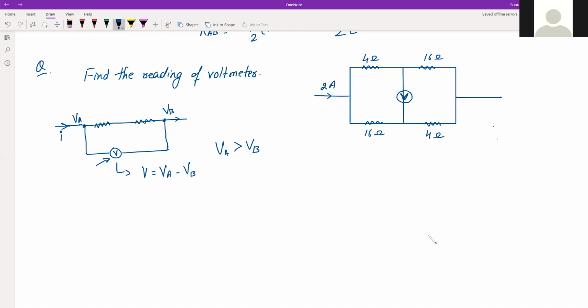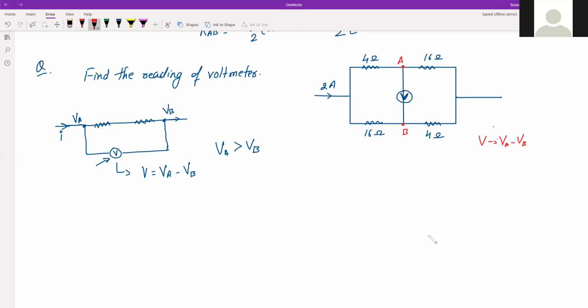So if we see here, what does it do? This voltmeter is connected between these 2 points. So if this point is A, this point is B, V will actually be showing VA minus VB or VB minus VA. That is the difference of potential of points A and B. Okay, so we can take A, B, or whatever point we want.